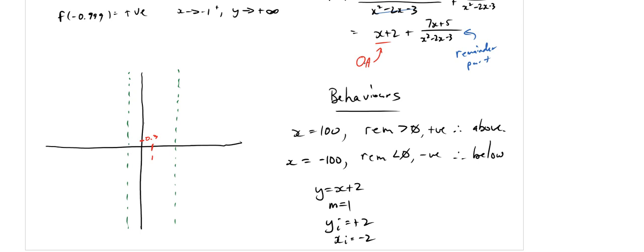So plus 2 is going to be right around up here. And negative 2 is going to be right around here. I better use my ruler for this one.